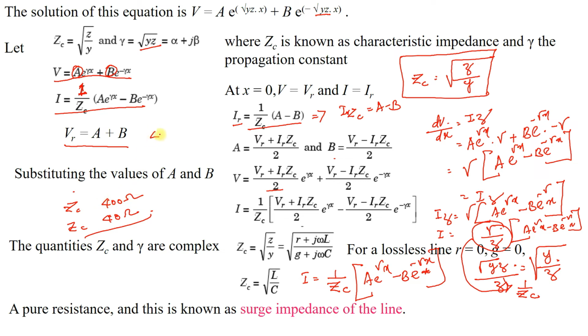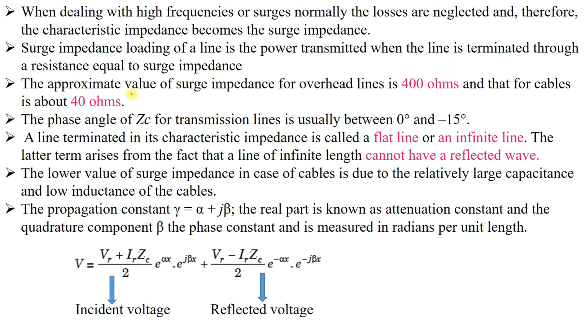Sometimes the value will be given as, for example, 380 and 38. In that case, this will be representing the surge impedance of the transmission line, and this will be the surge impedance of the cables. Approximately it is 400 ohm for the overhead transmission line and 40 ohm for the cable. And these are the points to be remembered while discussing the modeling of the long transmission line.